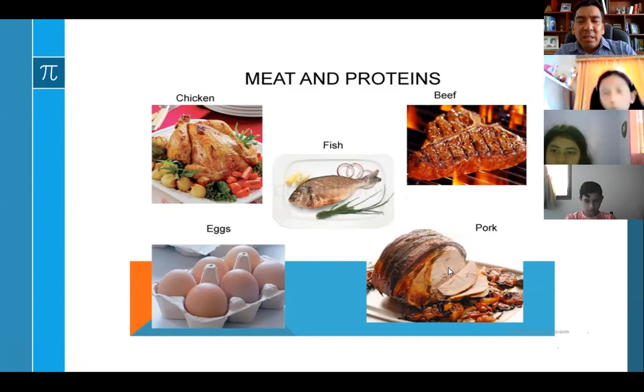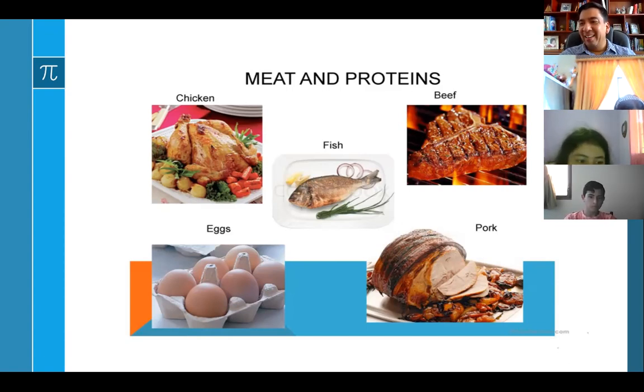What other meat do you know? What other meat do you know besides this? Otra carne? What you eat on Christmas? Lo que usted come en Christmas? Turkey. Turkey, absolutely, miss. Very, very good.